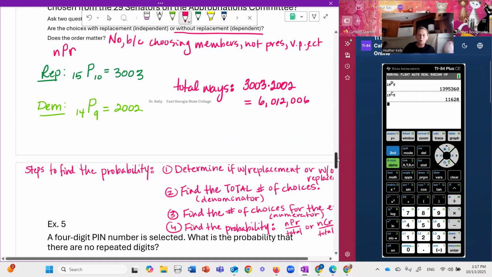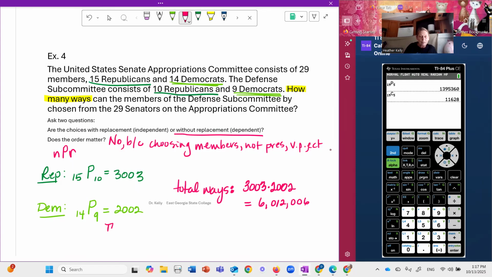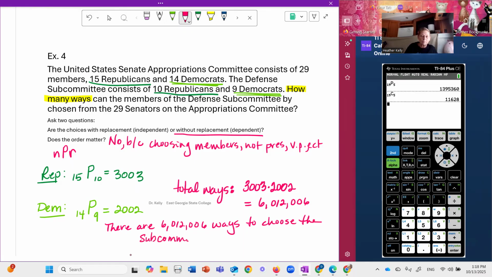So there are, oops, sorry, there's some more stuff down there I wrote earlier. There are 6,012,006 ways to choose the subcommittee. I forgot what I was writing. I'm sorry. All right.